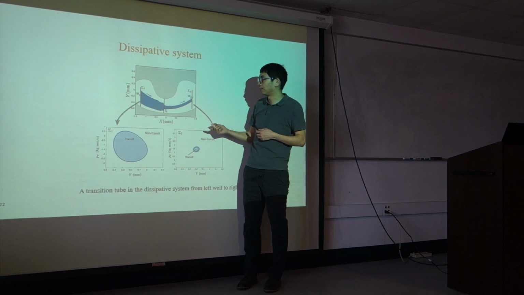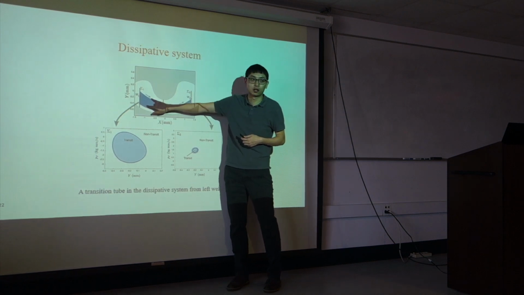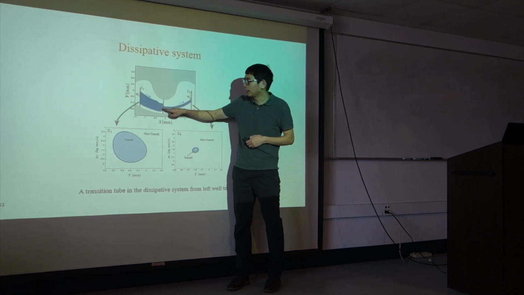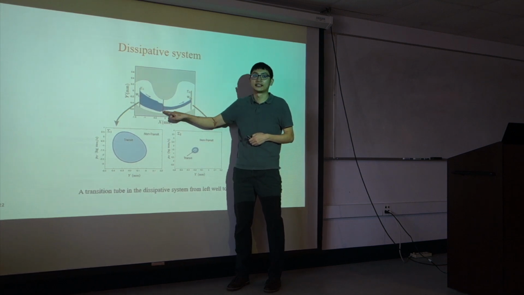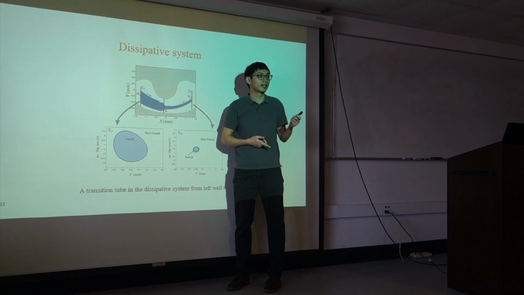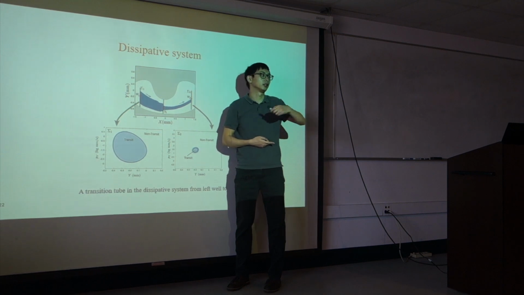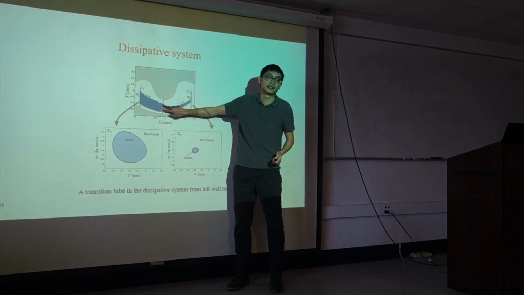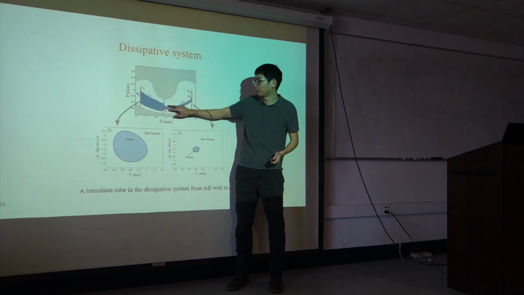Why do we have this behavior? Because they are almost asymptotic orbits. So they will move around the saddle several times, traveling a long distance, so the trajectories will lose a lot of energy. This is the reason why the size shrinks dramatically.